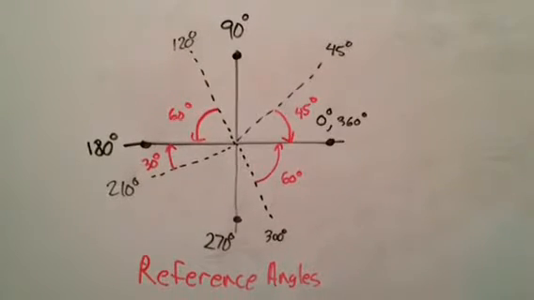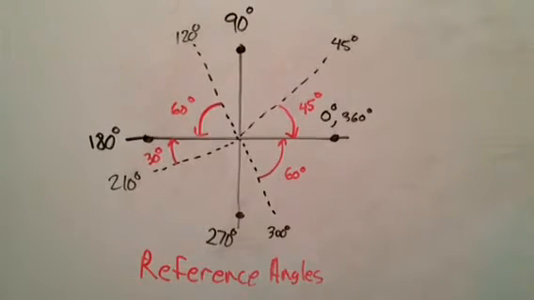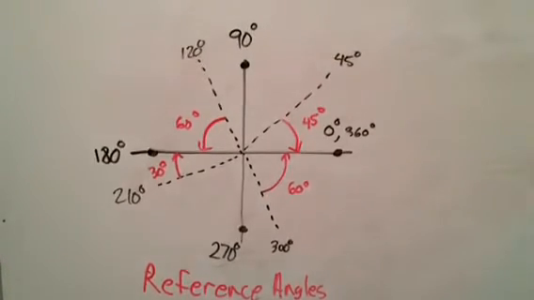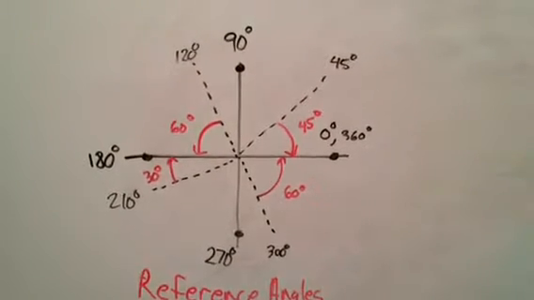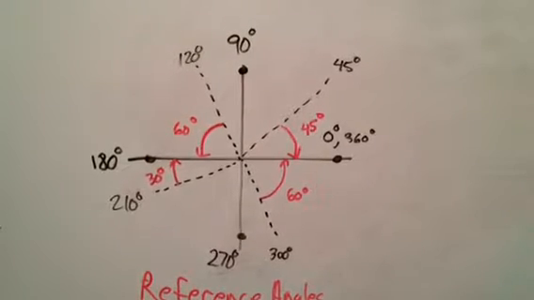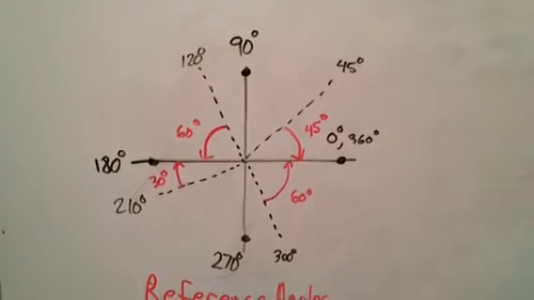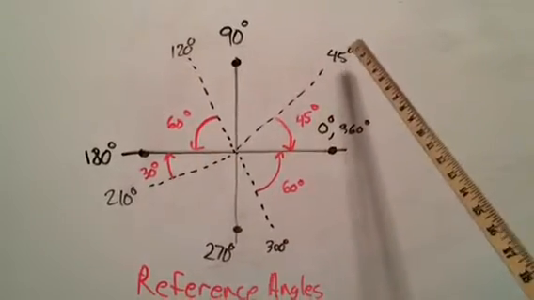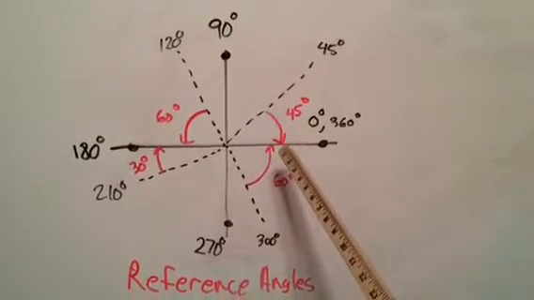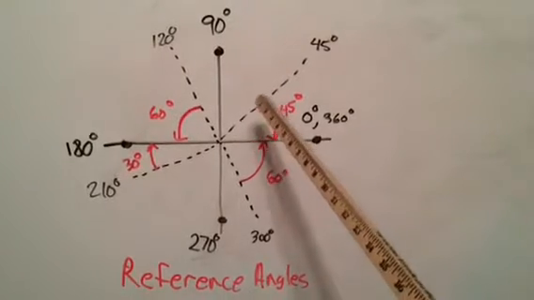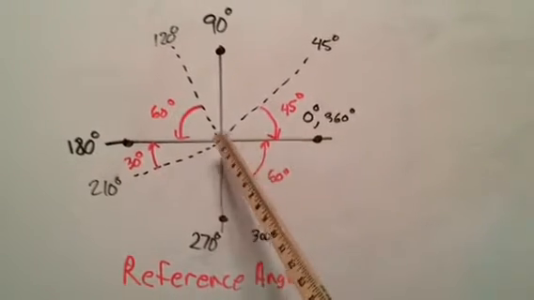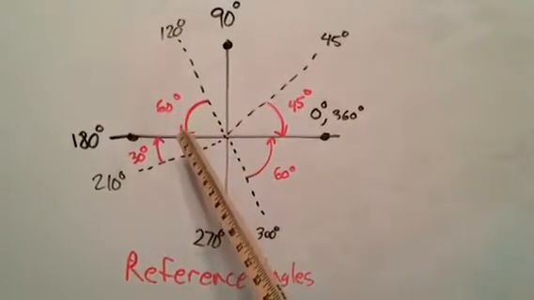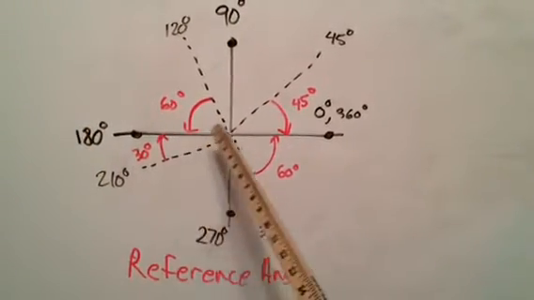You also need to recognize reference angles because angles between 0 and 360 degrees can be broken down into a reference angle, and from there you can get the values of sine and cosine. For example, if I have a 45-degree angle, the reference angle is how far I am from the x-axis, in this case 45 degrees. At 120 degrees, I am 60 degrees away from the x-axis.